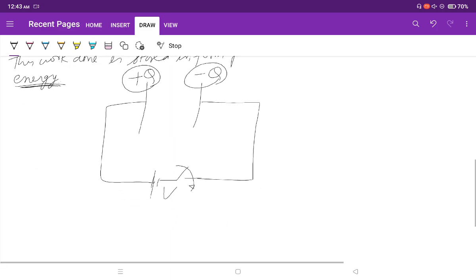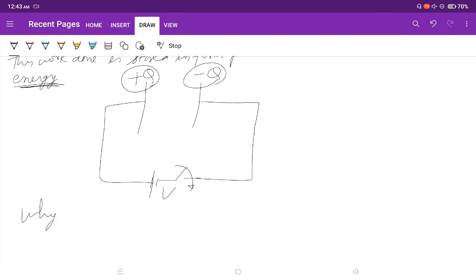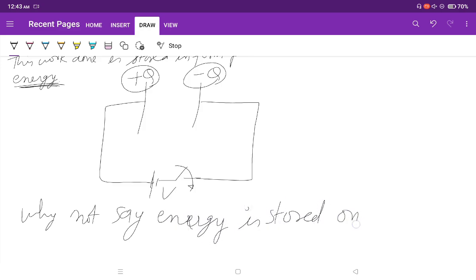So why not say that energy is stored on the plates? Why not say energy is stored on the plates?